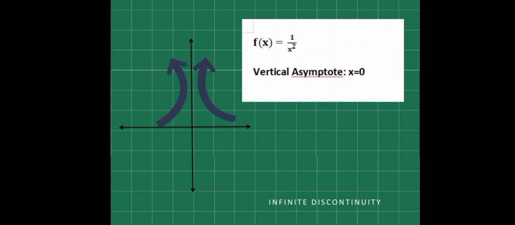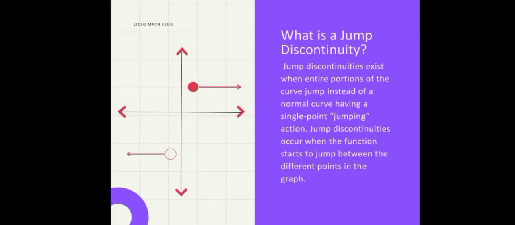What is a jump discontinuity? Jump discontinuities exist when entire portions of the curve jump, instead of a normal curve having a single point jumping. Jump discontinuities occur when the function starts to jump between different points in the graph.